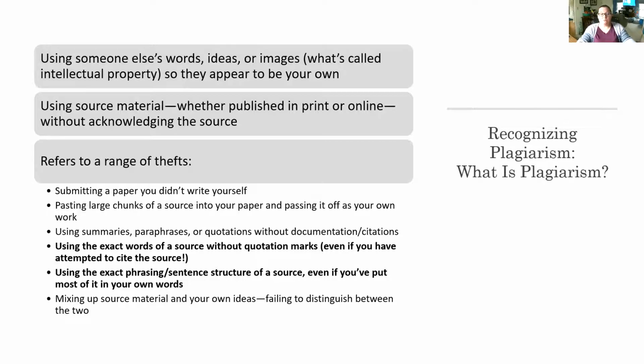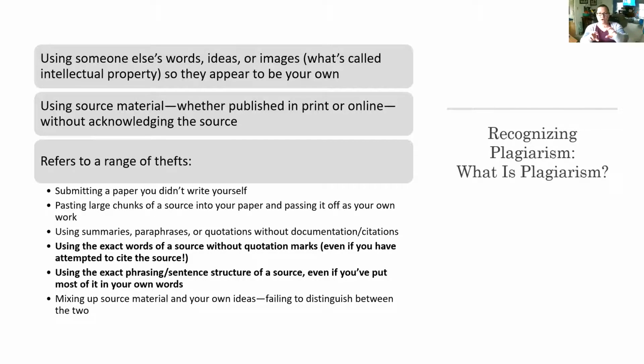It's also when you mix up your source material and your own ideas, when you fail to distinguish between the 2. This means, let's say in a paragraph, you have your own ideas in the paragraph. You used source information in the paragraph, but you didn't put the citation in the right spot. Because the citation, we'll learn this next week, has to come immediately after that source information.